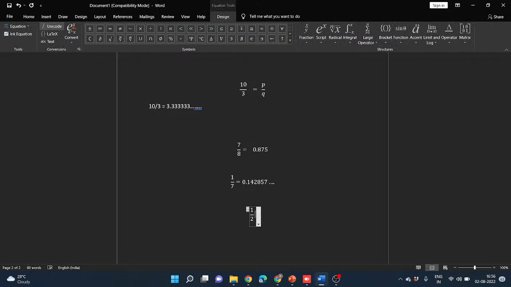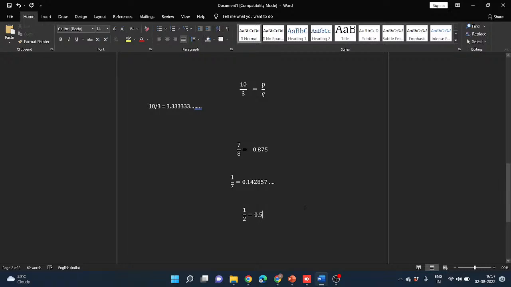Here also we get a remainder which becomes 0 after the first step. So in all these cases, the decimal expansion terminates or ends after a finite number of steps. When it terminates, we call the decimal expansion terminating.